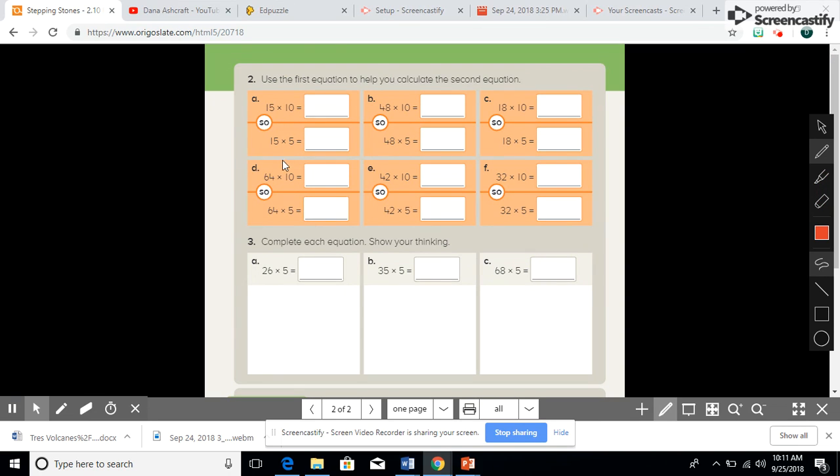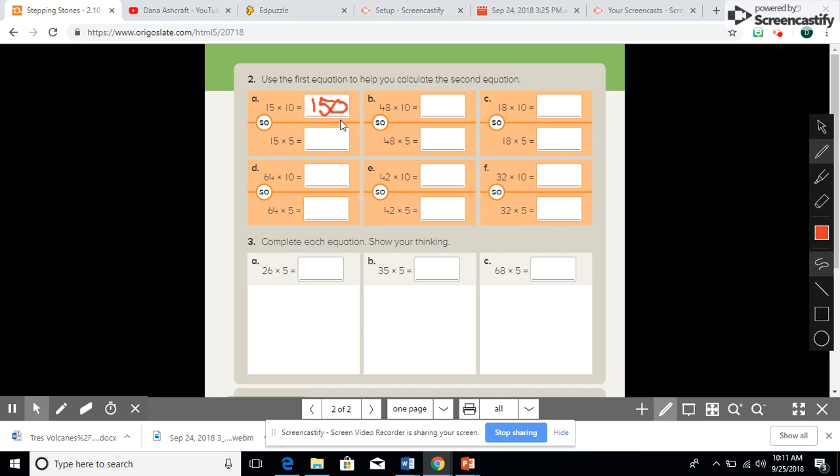Now we're taking away some of those words that are going to help you think through it. So it just wants you to solve 15 times 10, which we should be able to do really quickly, and then get 150. And I'm going to halve this number to find 15 times 5.